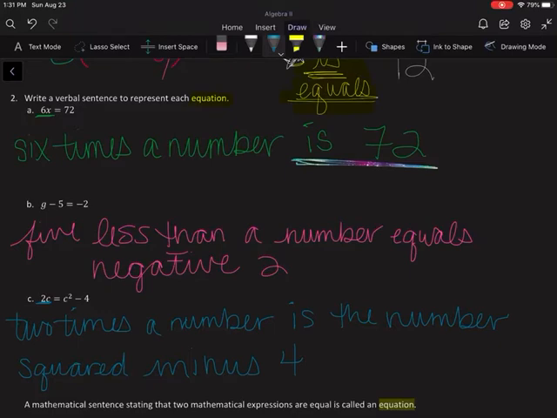Again, we can reverse it. We can say a number squared, or 4 less than a number squared, is the product of 2 and that number. Okay, so again, that is always matching up with an equal sign, and then we have the other stuff.